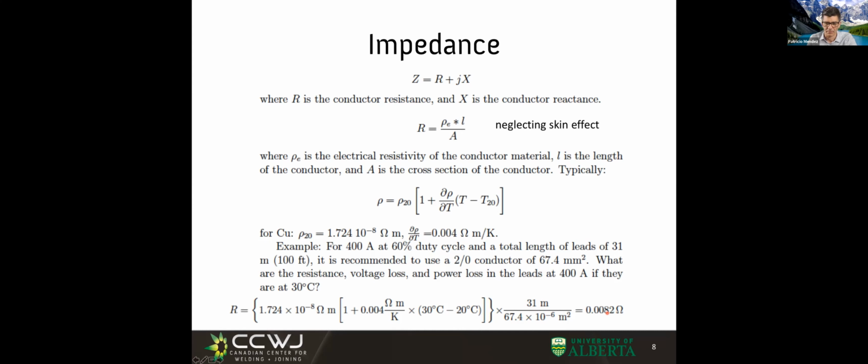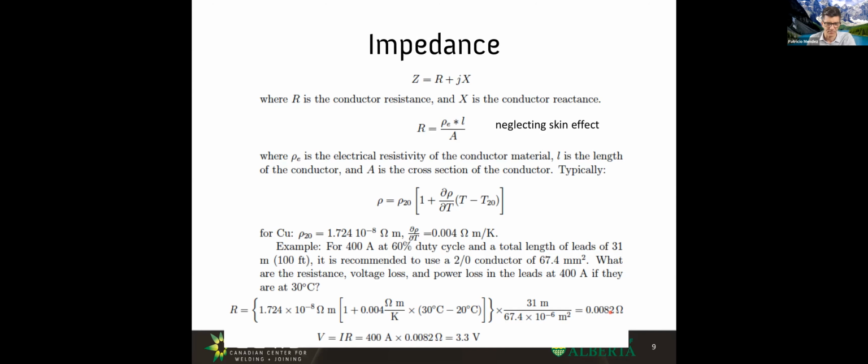And this gives us 8.2 milliohms. 8.2 milliohms is small. If you have played with Arduinos or anything like that, the resistors come in kilo ohms, right? When you buy a resistor, or mega ohms. And I'm saying milliohms. All right, sounds like little.